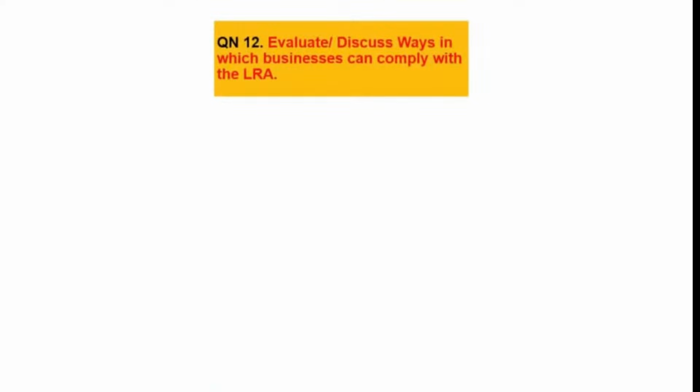Okay, right. Moving on, we are going to evaluate or discuss ways in which businesses can comply with the LRA. Meaning here, we are going to check aspects that the Act says yes to.